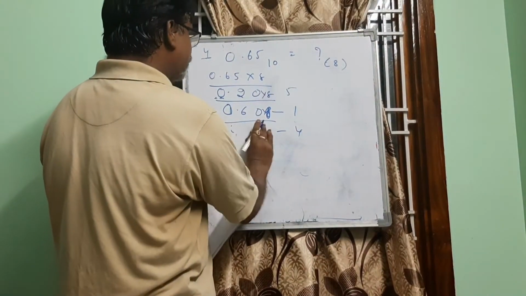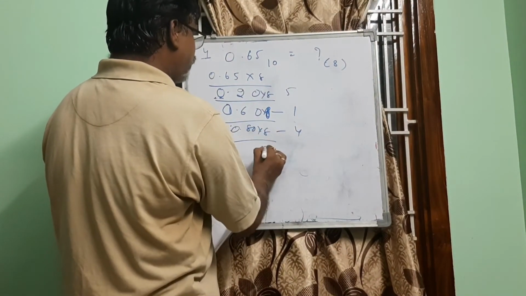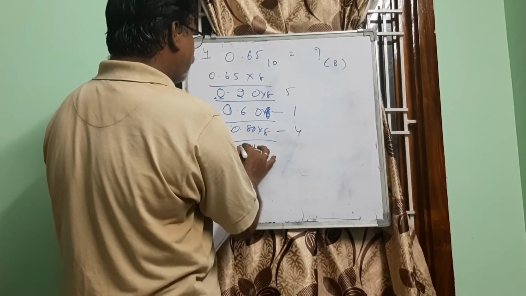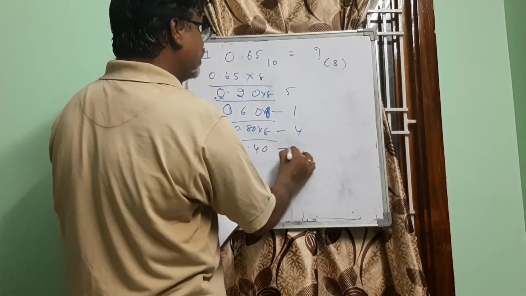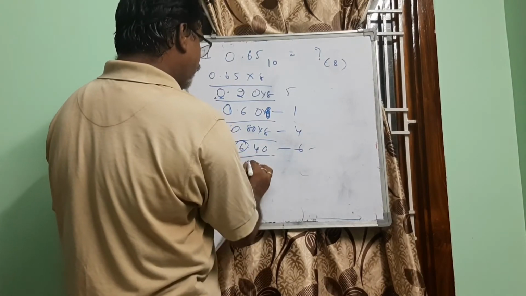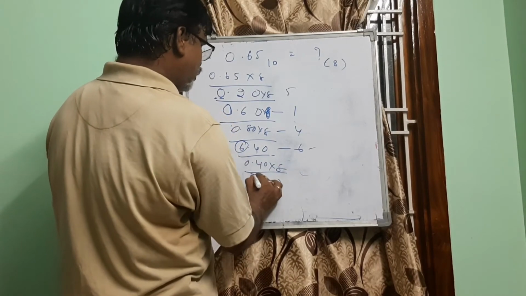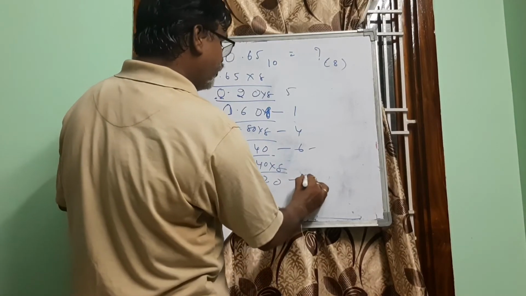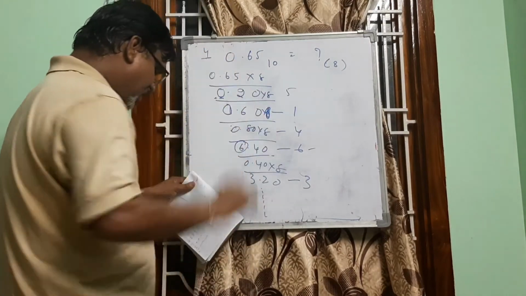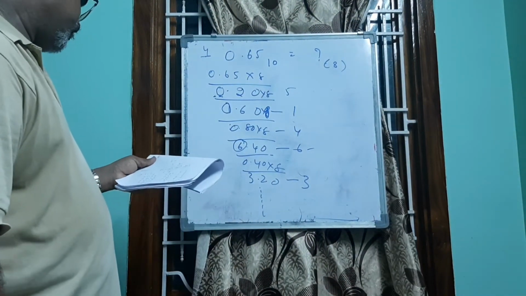Then this becomes 0.80, again into 8. So 8 8s are 64, so 6.40. So here you will get 6, and then you will get 0.40 into 8. So 8 4s are 32, so 3.20. Here you write 3. So it will be continuous like that.